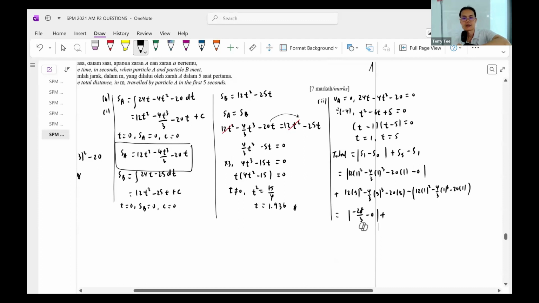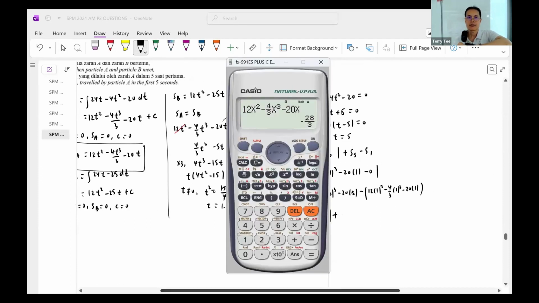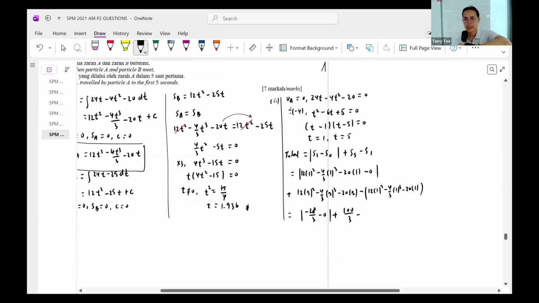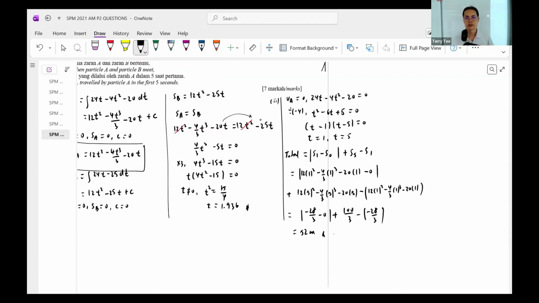Next one, let's continue with 5. If I put 5 inside, I get 100 over 3. You minus negative 28 over 3. So this will give us 128 over 3 plus another 28 over 3, then I divide by 3. Answer is 52.